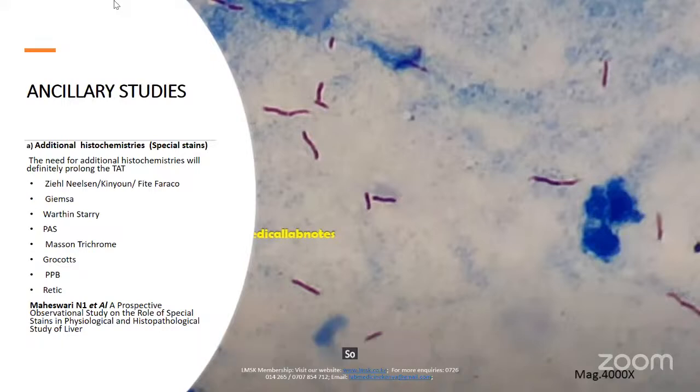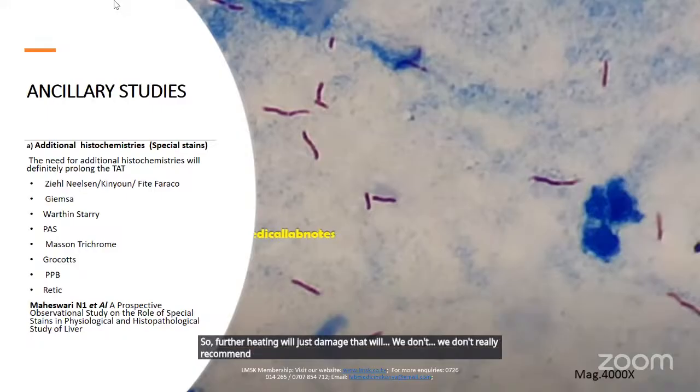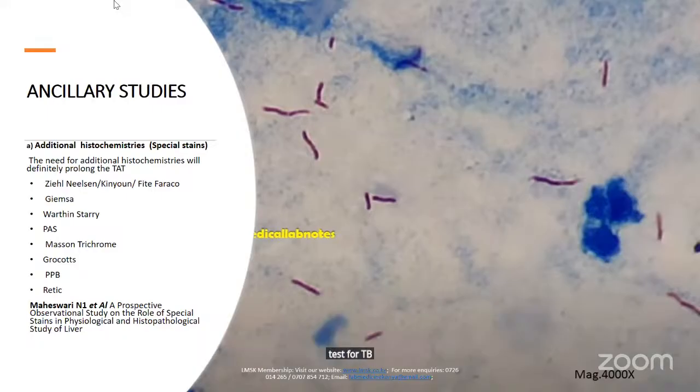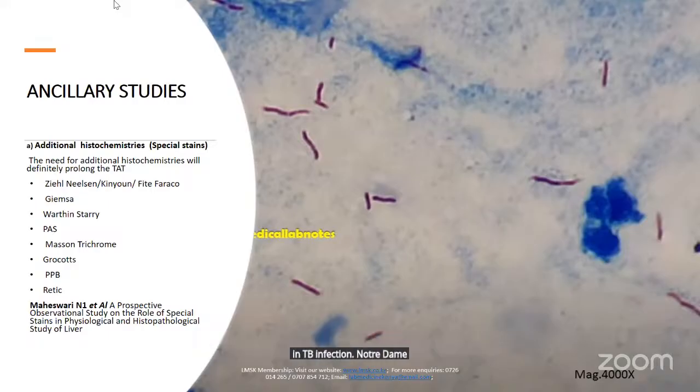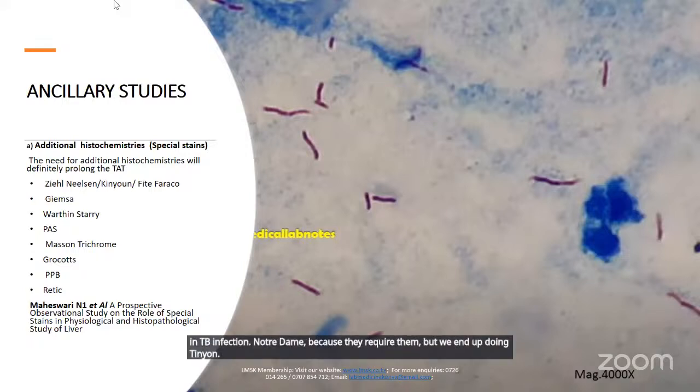So further heating will just damage that wall. We don't really recommend heating in histology when you're doing the test for TB. We recommend the cold method, the Kinyoun. I think this is the test that the pathologist should be requesting when they are interested in TB infection, not Ziehl-Neelsen, because they request Ziehl-Neelsen, but we end up doing Kinyoun, the cold method.